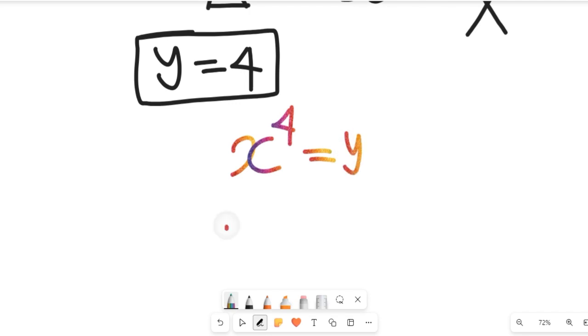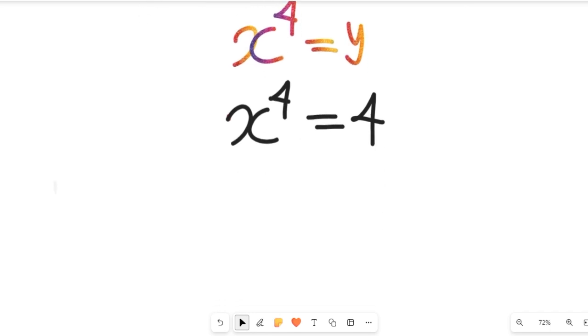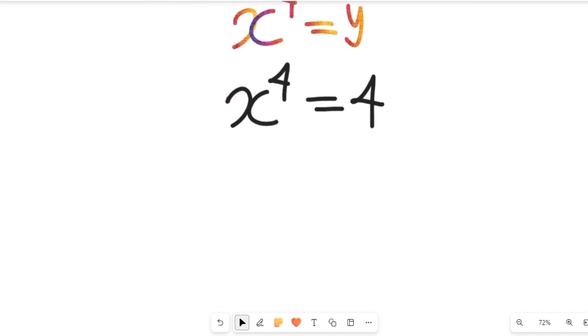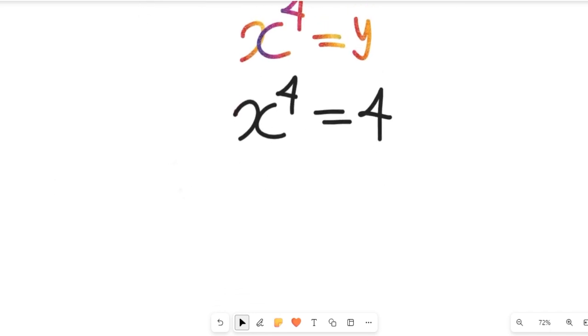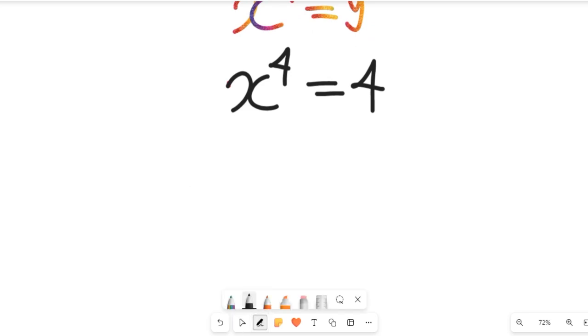So if we have x to the power of 4 to be equal to y, which is 4, let's simplify this. We are simply going to have x to the power of 4, subtract 4 from both sides, this will be equal to 0.